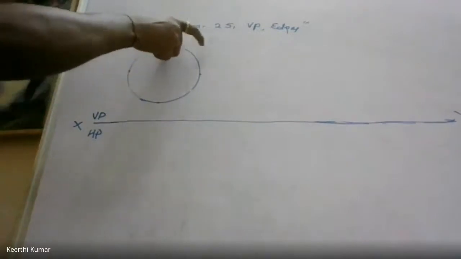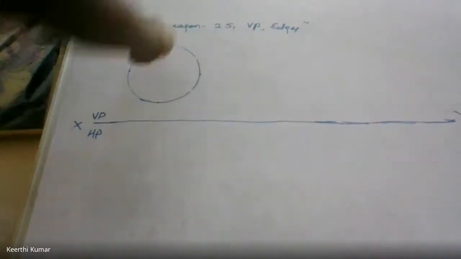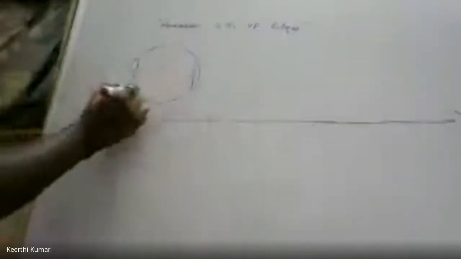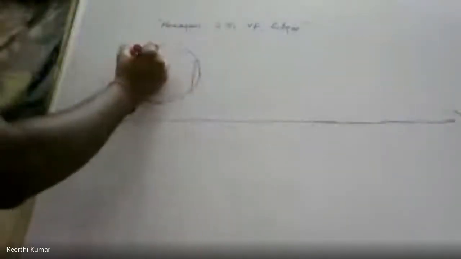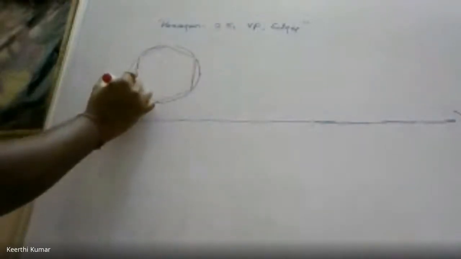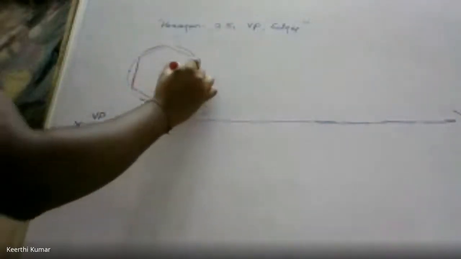Then again, keeping this point, cut an arc on either side, so that you will get edges. So that you will get proper edges if you hold this point and complete. Clear? That is how to get the hexagon with the dimension given, 25 mm.